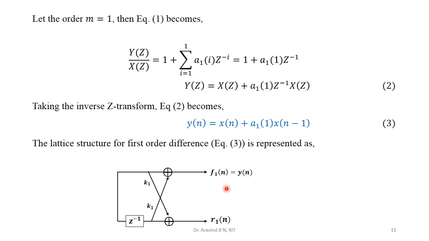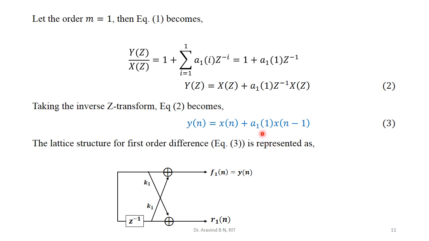F1(n) is the first stage of output, where 1 indicates the first stage. Similarly r1(n) is also the first stage of output, and f1(n) is what we consider as y(n), and that is what we require. With respect to the actual calculation, we need to calculate the K1 value over here. Okay, so let us take this further.